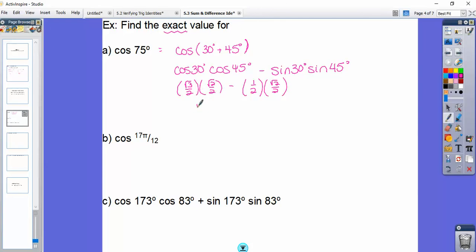We just multiply tops, multiply bottoms. So radical 6 over 4 minus radical 2 over 4. You can leave your answer like this. It does have a common denominator, so if you wrote it as one big fraction, that's fine. You can't actually subtract those radicals though, because it's different numbers under the radicals. So either of these two answers is correct.